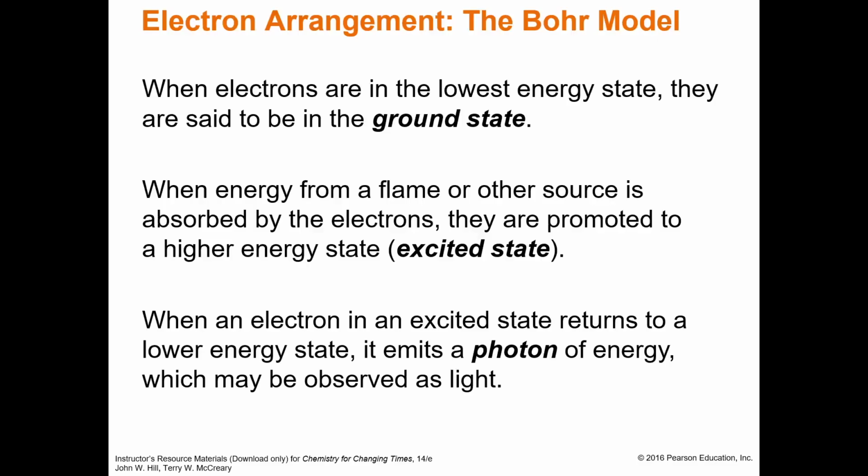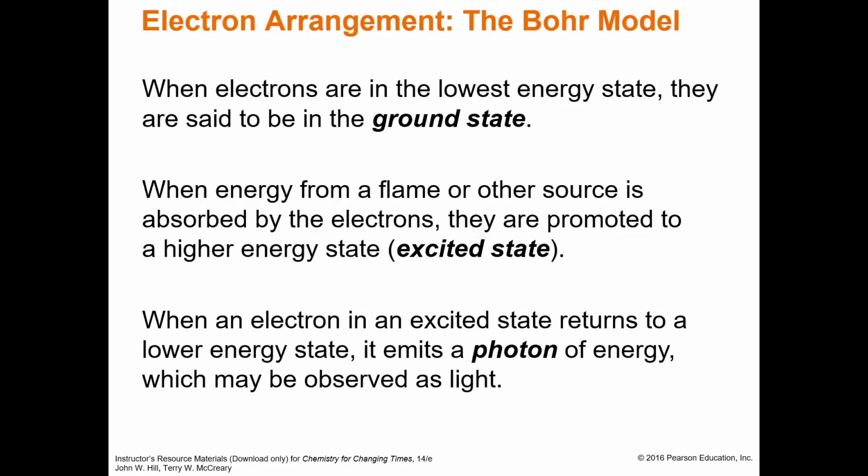So when an electron in an excited state returns to the lower energy state, it emits a particle of light, or a quanta of light. These quanta of light are called photons. And so it emits a photon of energy.